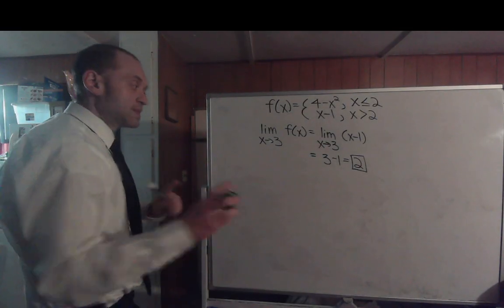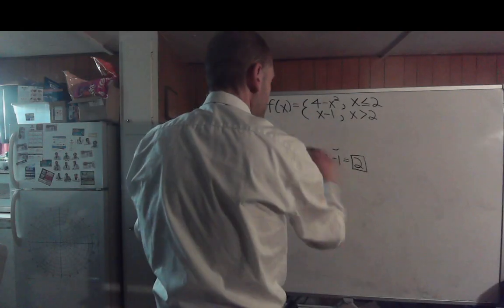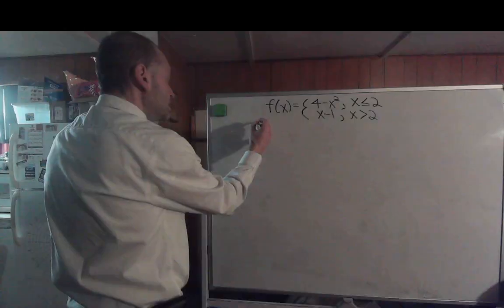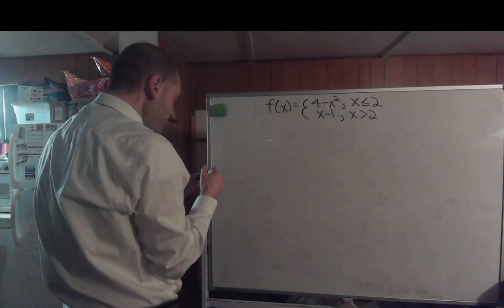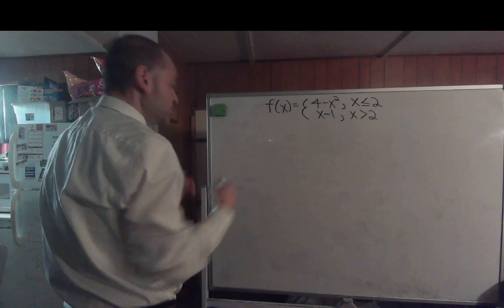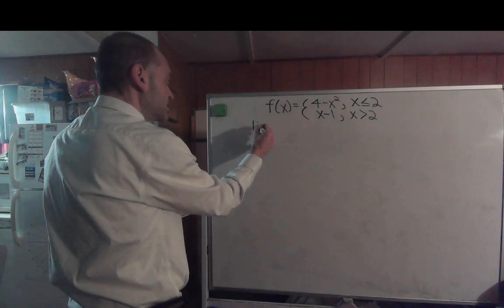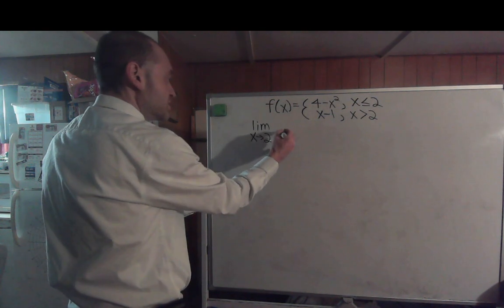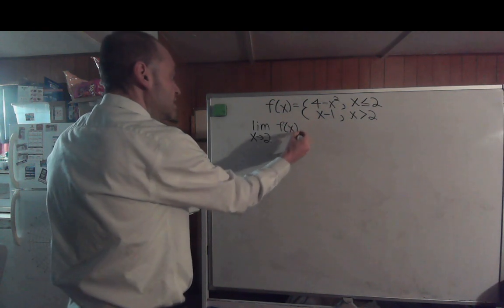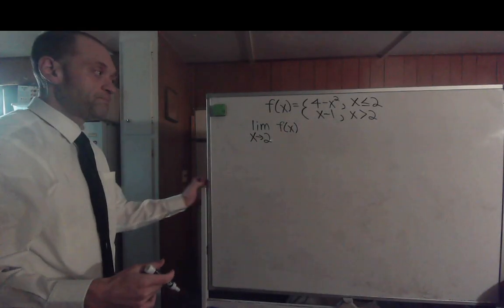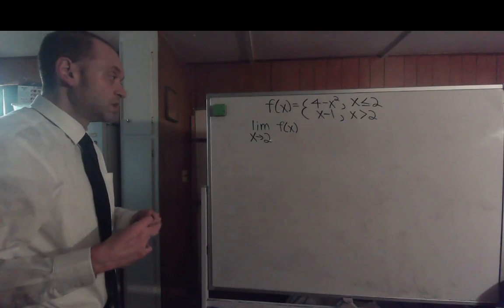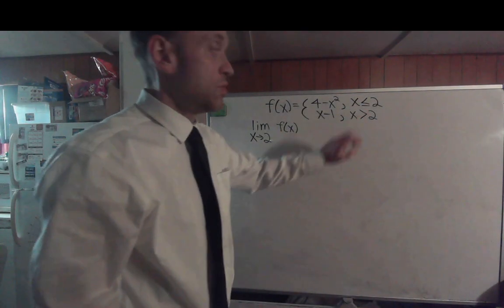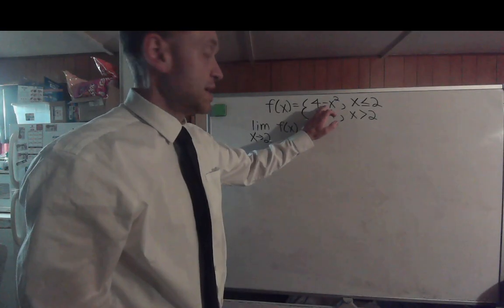Now, where it gets really interesting is when you want to find the limit at the breakpoints. So we want to, of course, determine, does the general limit as x approaches 2 of this function exist? Well, if we look to the left of 2, it behaves as 4 minus x squared.